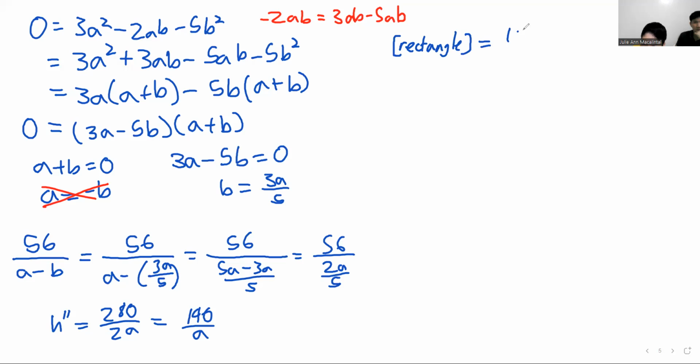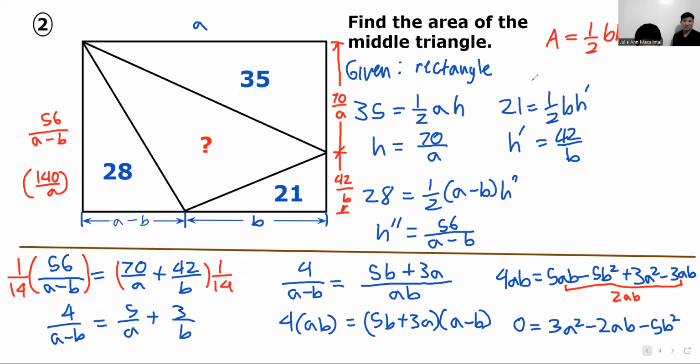So in this case, that is 140 over A times A. A is the width, and 140 over A is the height. Doesn't matter. So this will just cancel out, and then we have 140. So that's the area of the whole rectangle.